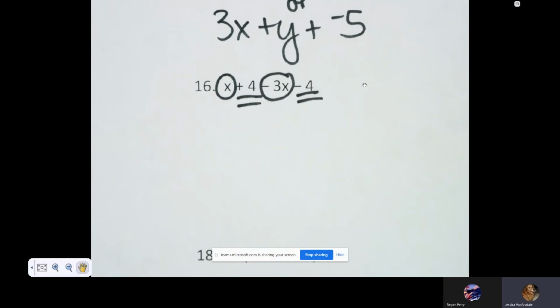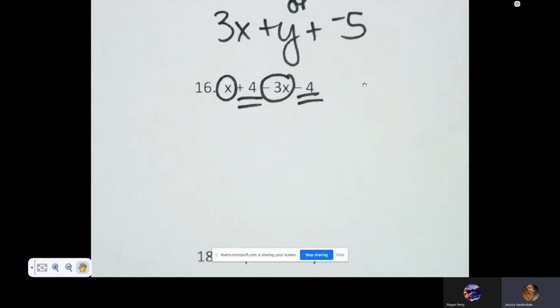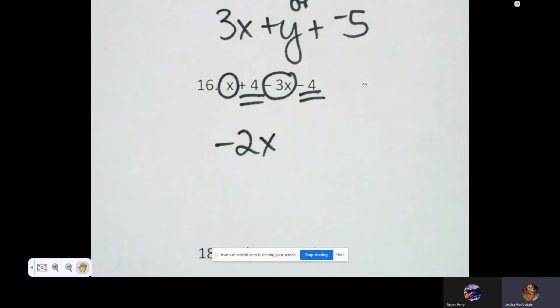So what do we get when you do 1x minus 3x? 1 minus 3. Where are you going to be? -2. Yes, -2x. And your 4's cancel each other. So you're just left with -2x. That's correct. So that's good.